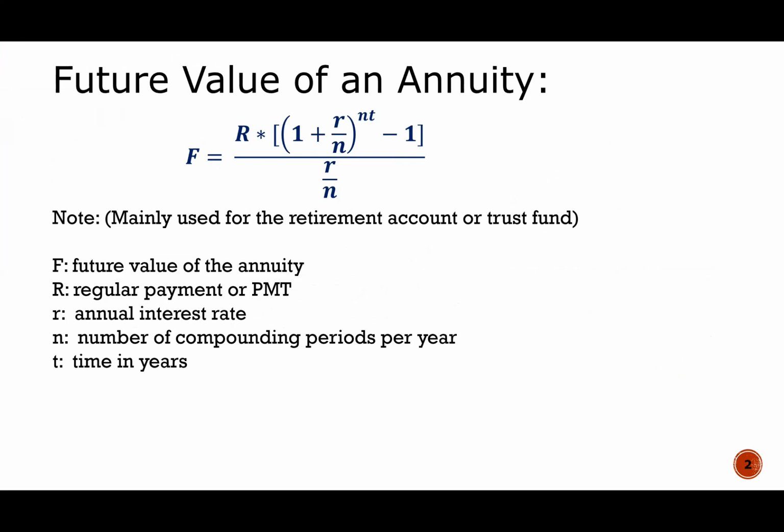The most important thing is to find out which formula to use. That's very crucial. So analyze the situation, whatever you encounter, and see if it mainly focuses on the future value of annuity or the present value of annuity, and you'll be able to apply the right formula from there. So this is just a review of the formulas.